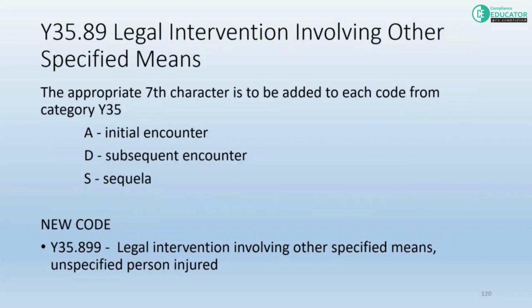So there's our 7th digits. The Y35 section requires that. A, D, and S are the 7th digits that we're looking at. And the code reads legal intervention involving other specified means, unspecified person injured.